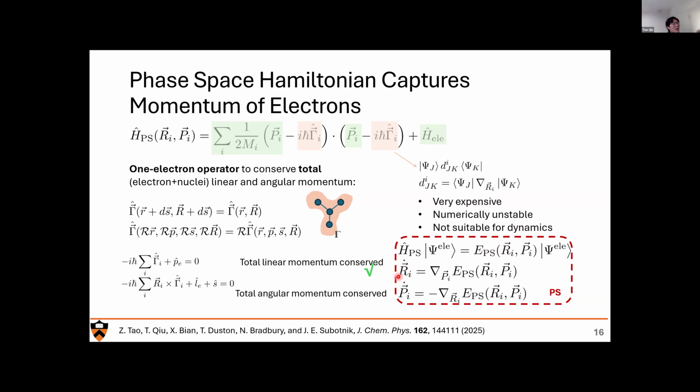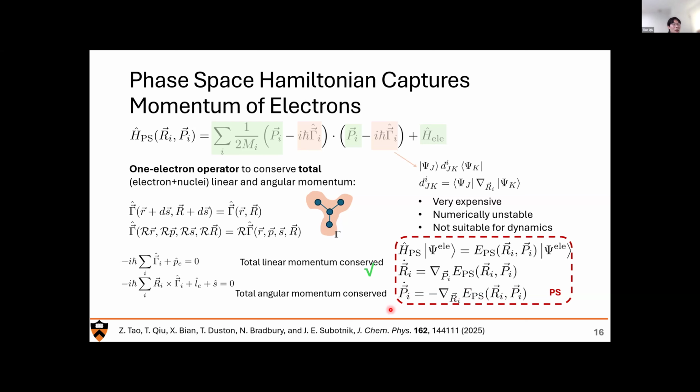So one can use Hamilton's equation of motion, where we take a gradient of the potential energy surface with respect to momentum as the change of the nuclear position, and we take a minus gradient with respect to position of the potential energy surface as the change of the momentum.